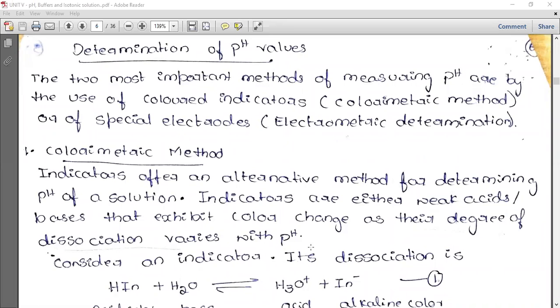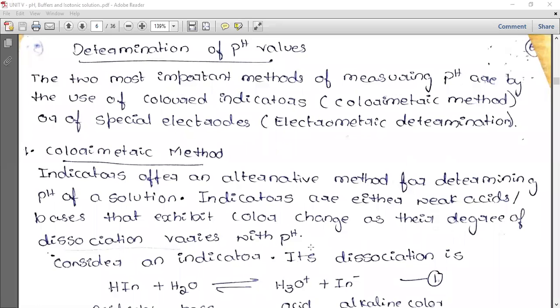Colorless, right. The indicator is now in HCl solution. What is the pH of HCl? It's acidic, right? When you add phenolphthalein in acidic pH, it is colorless.